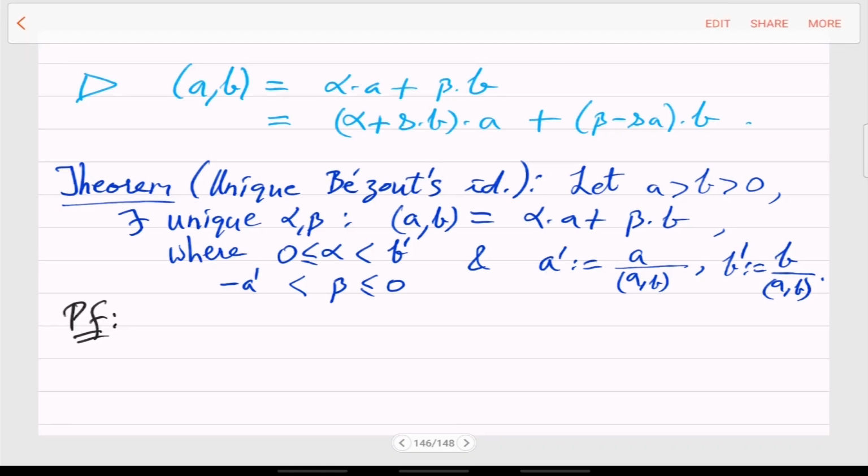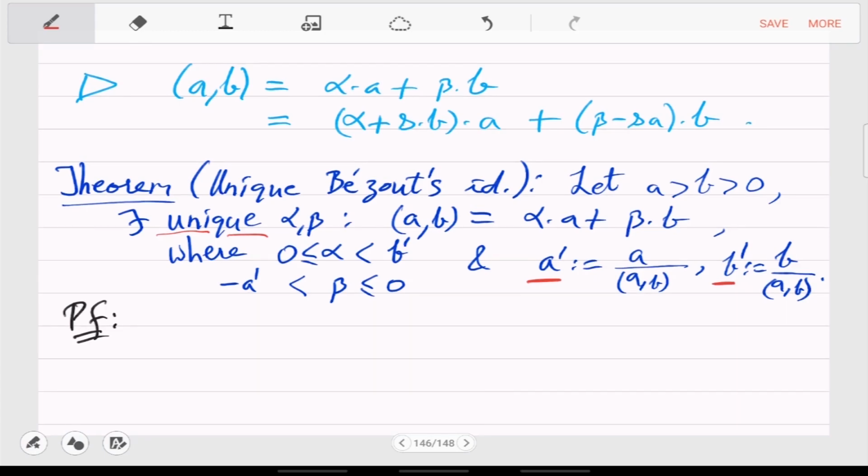So you look at a prime and b prime, which is that you remove the GCD. So now a prime and b prime are the co-prime parts. If you want alpha to be smaller than b prime and beta to be smaller than a prime, then they'll be unique. This is what the statement here is saying. Any questions till now?